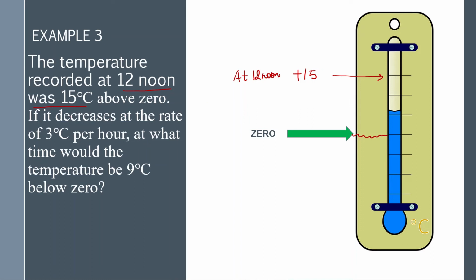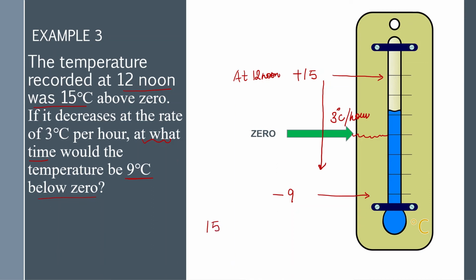Now it is decreasing at a rate of 3 degrees Celsius per hour. At what time would the temperature be 9 degrees below 0? Below 0 means we will represent it with -9. So first we will find the distance traveled from 15 till -9.